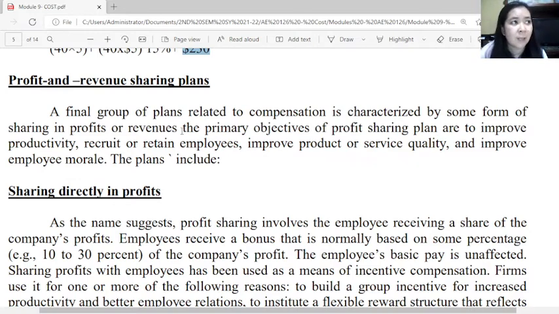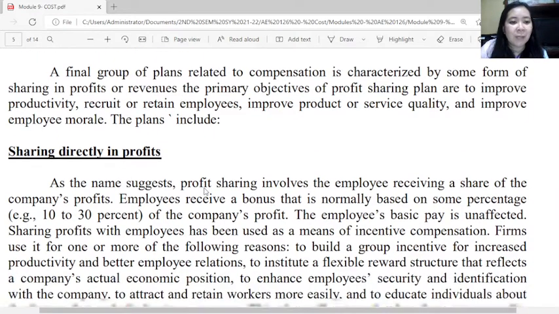Aside from being paid a salary, they are also sharing from the profit. So if you could imagine, the employee is at the same time an employee and like a shareholder or part owner, because they share profit and revenue together with the owners.